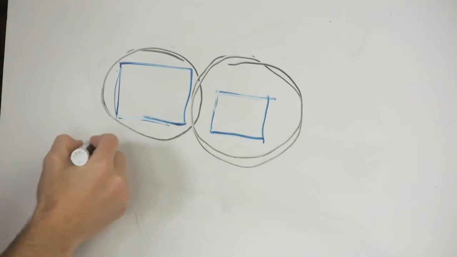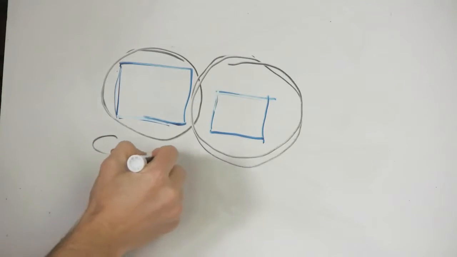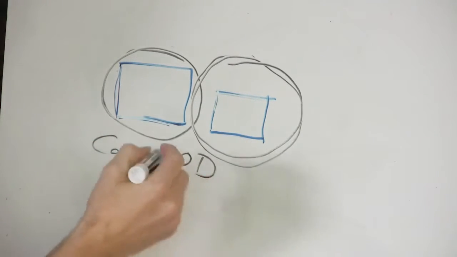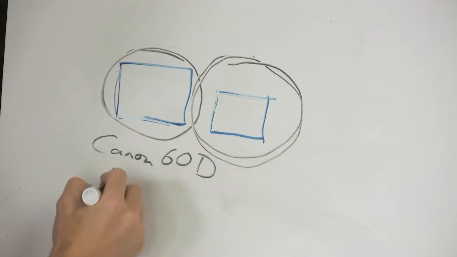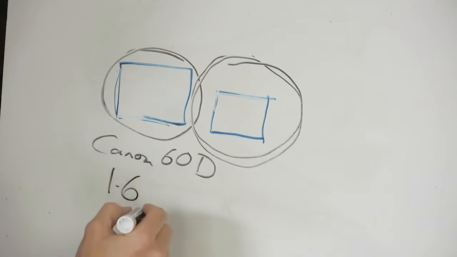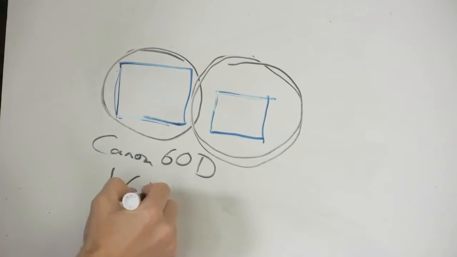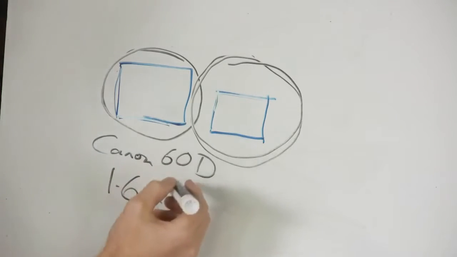So for the Canon 60D or the T2i or the T3i and the 70, they all have a 1.6 crop factor. So that becomes effectively a multiplication.